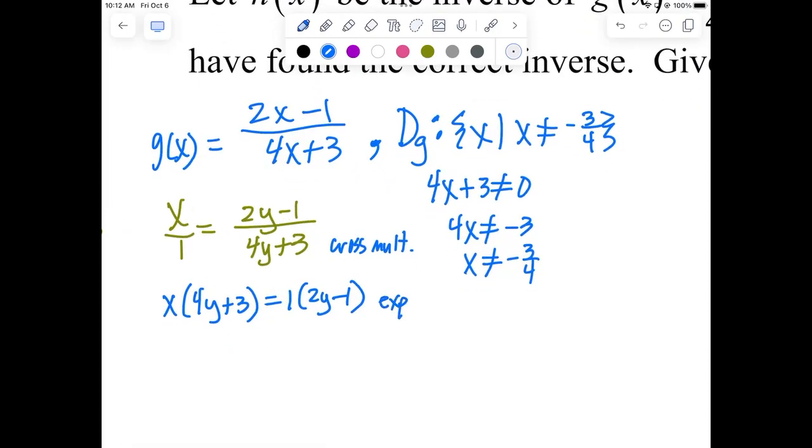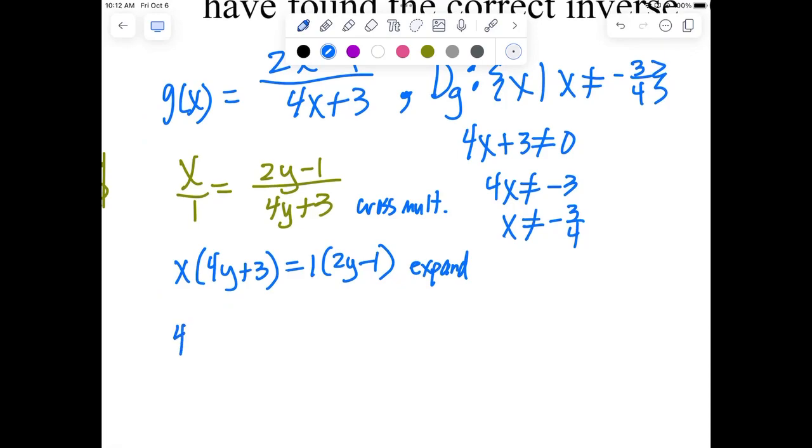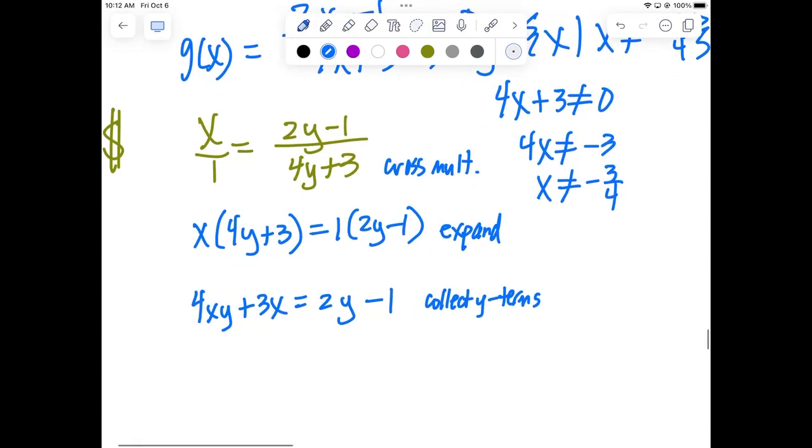All right, now what are we going to do? Now we're going to expand everything. Expand it out completely. Let's distribute. So we get 4xy plus 3x equals 2y minus 1. Now we're going to collect the y terms on one side. What do I mean by that? Well, I have a term on the left that has a y in it, and a term on the right that has a y in it.